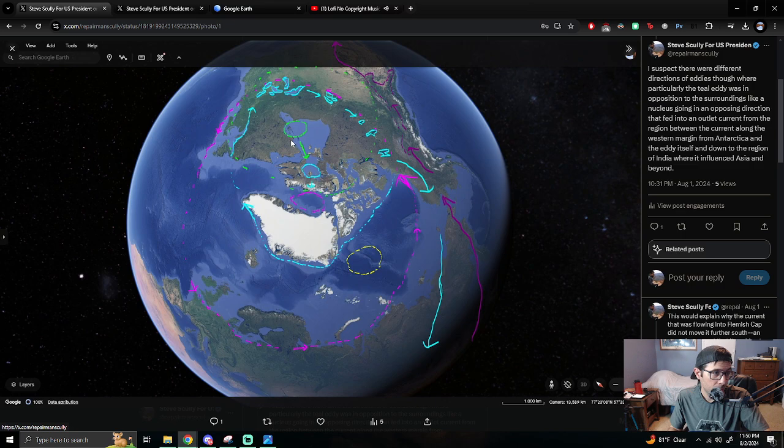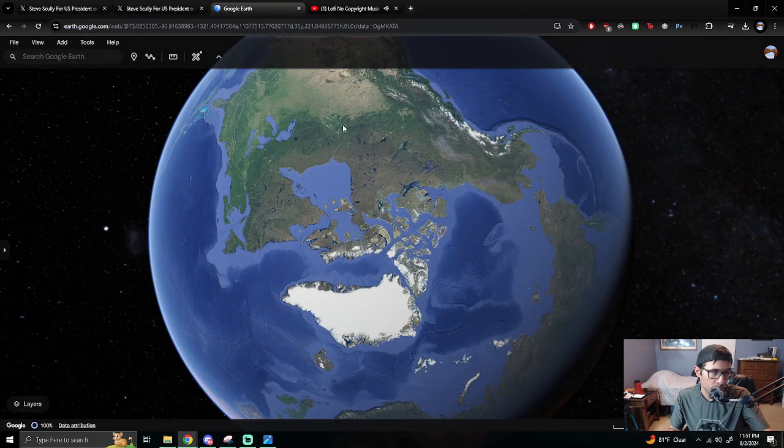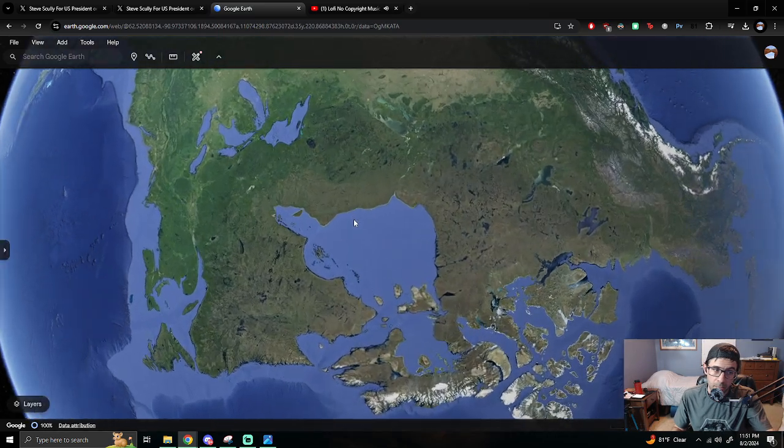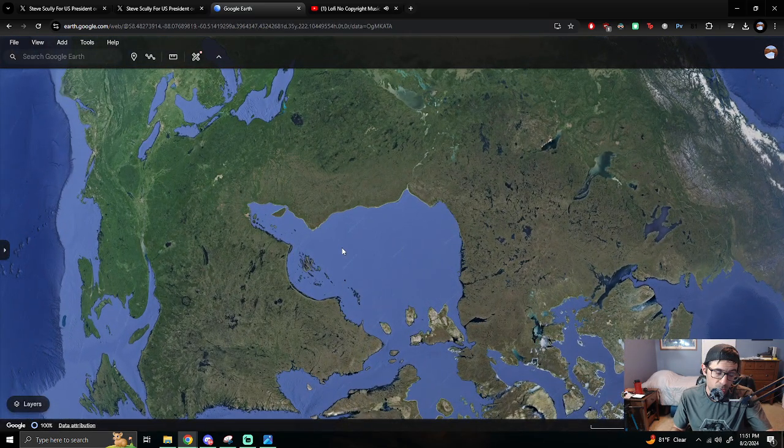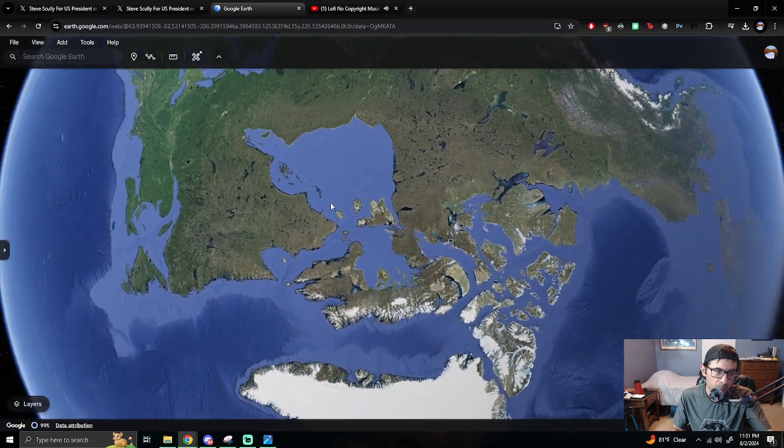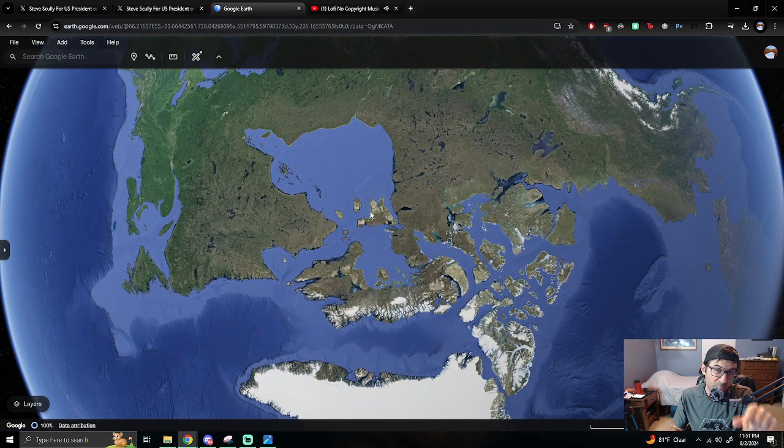So we got this green one that's generally, I think what I'm getting at is that there was an eddy that was centered on generally Hudson Bay when the Earth expansion process was early on and the global flood was happening, before the continents broke apart and all the continents were conjoined as a single landmass, but the flood was beginning.